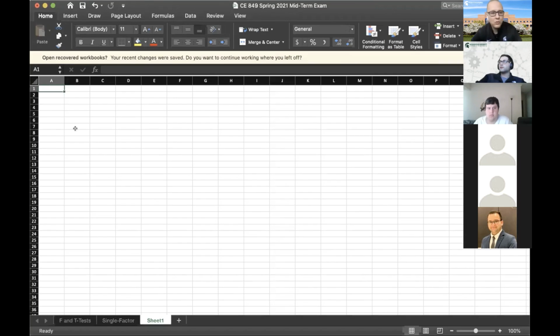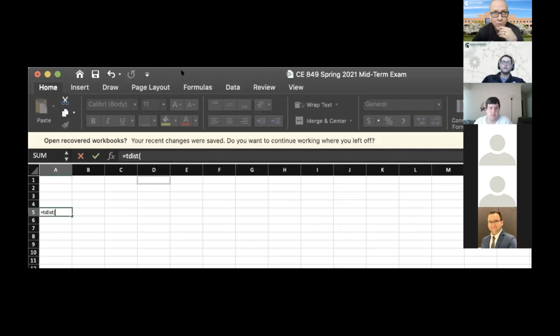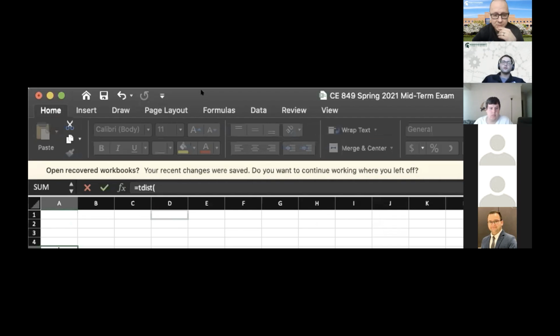So let me very quickly share. Okay, so we can use the t-distribution function here to determine whether or not there's a significant difference.